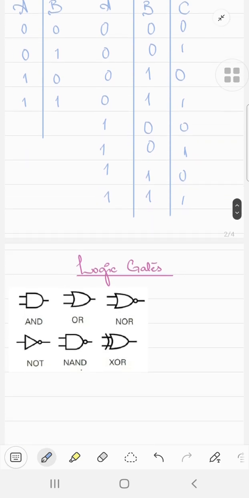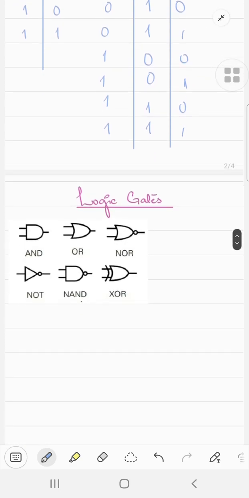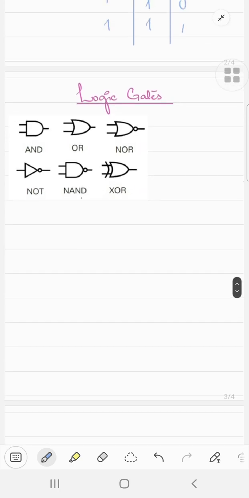Let's continue. First thing we have discussed is the inputs. The second thing that we are going to be discussing is the logic gates. Let's just label these logic gates with numbers, and then we are going to be discussing its operation, its function, and at the end we are also going to be discussing some past paper questions, just so that you can learn the pattern and you can have the idea of the types of questions that you'll be getting.